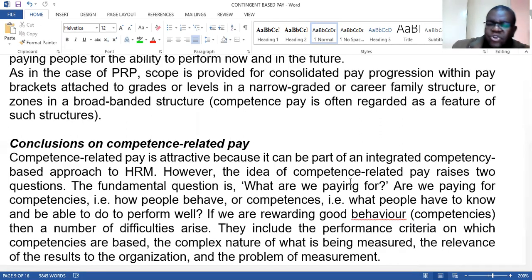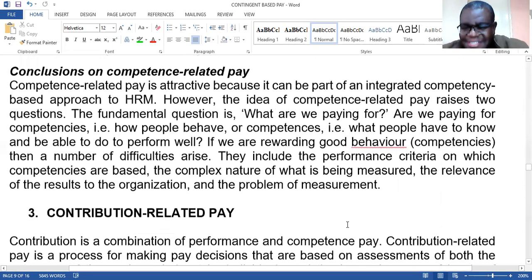So as we are talking about competence-related schemes, we are looking at schemes where you identify the competence levels that employees have.